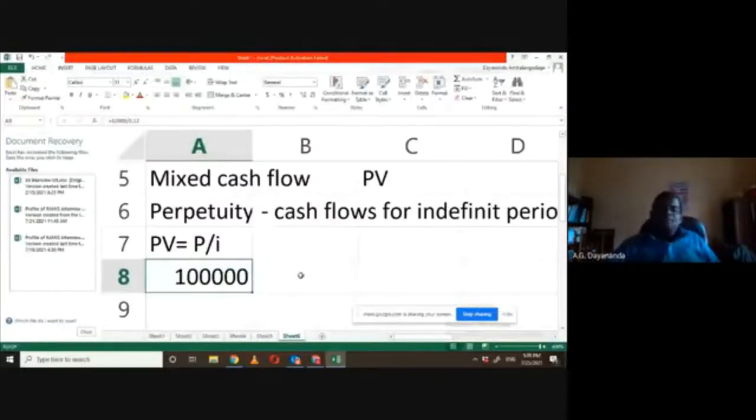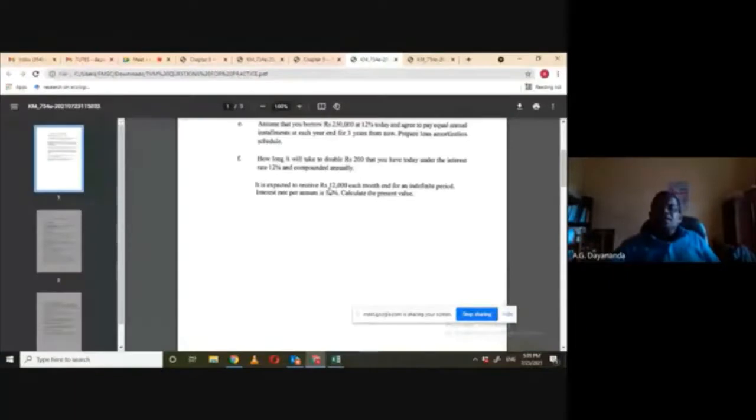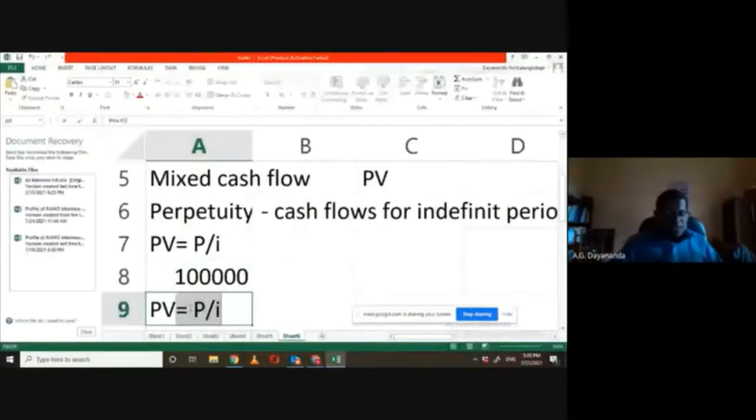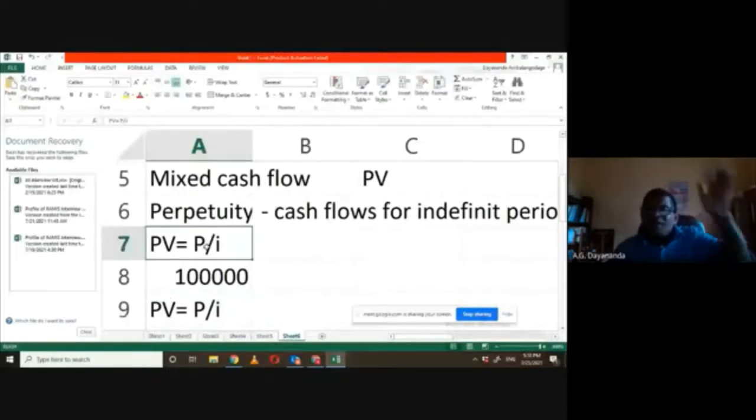Right. Now, if the perpetuity is received at each month beginning, what would be the answer? Now this is for the end. If it is each month beginning, the present value of perpetuity is very simply P divided by I. That is true for cash flows at month end or year end.